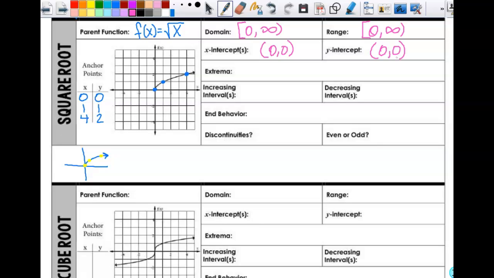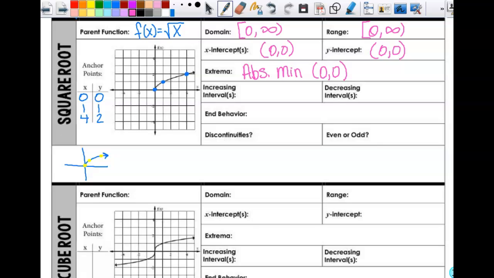Adrian, do I have any critical points or extrema? Yeah. What do I have? Very good. I got an absolute minimum at 0, 0. All right. So absolute minimum is where I can change from increasing to decreasing.